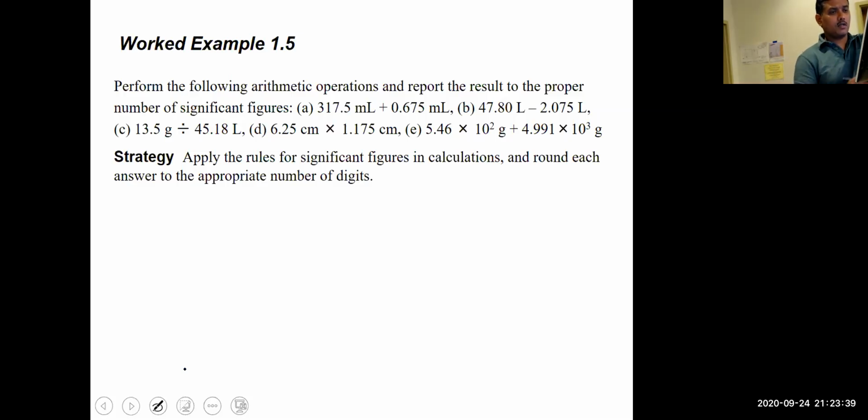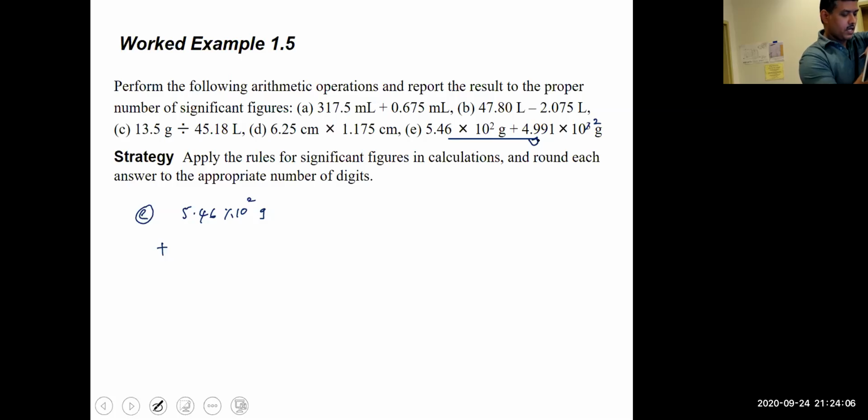So I'm going to add 5.46 times 10 to the power of 2 grams, and we're trying to add 4.991 times 10 to the power of 3, but I want to cut down one exponent from 3 to 2, so I want to move to the right.